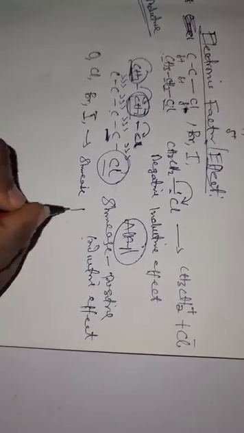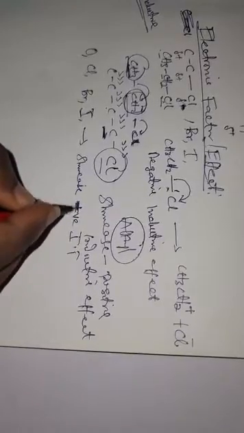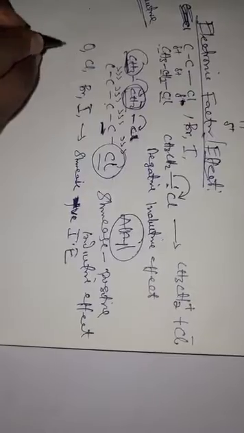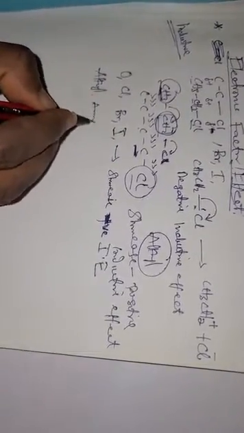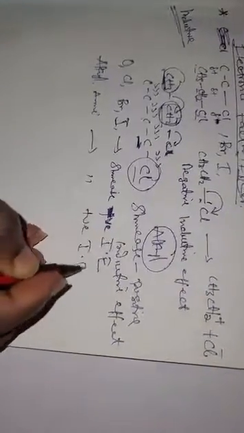Negative inductive effect. But the alkyl group, let's say the amine, they showcase what we call what? Positive inductive effect. Are you good with that? So that is that about the inductive effect.